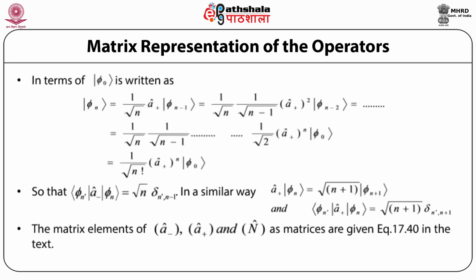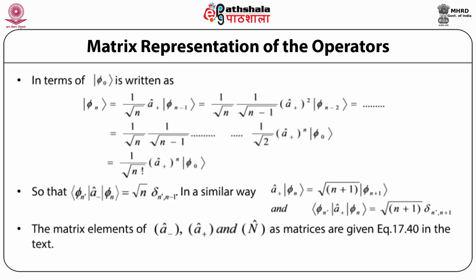In a similar way, we can also write that the raising operator A plus acting on phi n gives us under root n plus 1 times the eigenvector phi n plus 1.